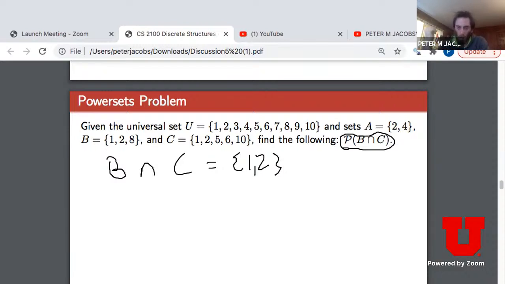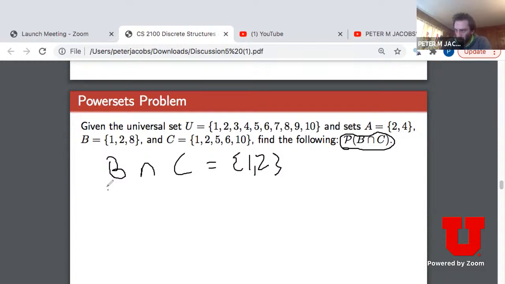What does the set look like? The set we're interested in finding the power set of is B intersection C. So we ought to find B intersection C first, and that's why we did that. So we now have B intersection C, and we can find the power set. The power set is the collection of subsets of B intersection C. That's what the power set is.